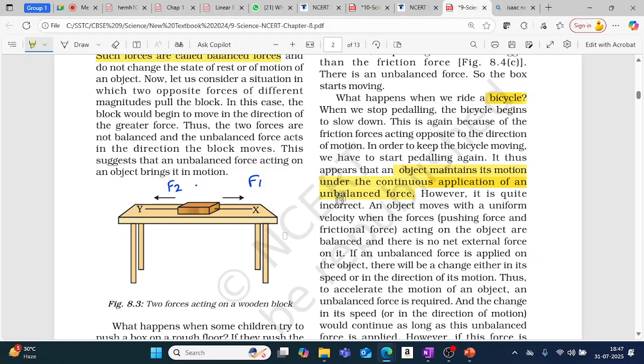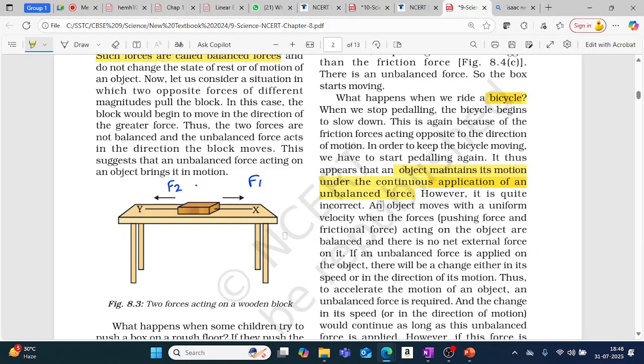If at all you can make such a surface, highly lubricated, highly slippery surface, the ball will roll forever. Same with object in motion will continue to be in motion, object at rest will continue to be at rest. That is the theoretical concept. There is no friction, no opposing force.